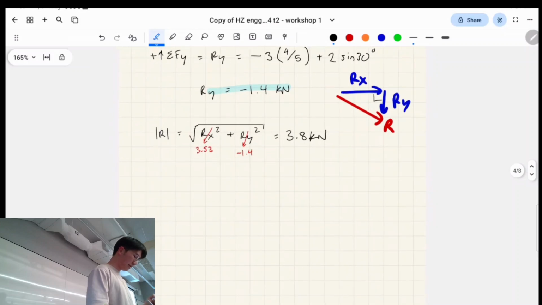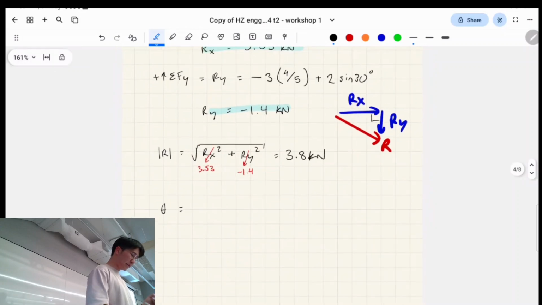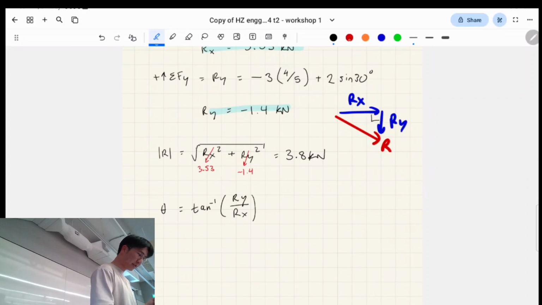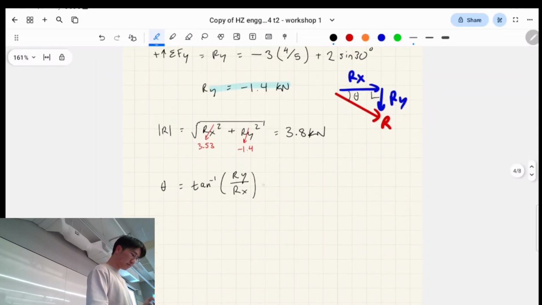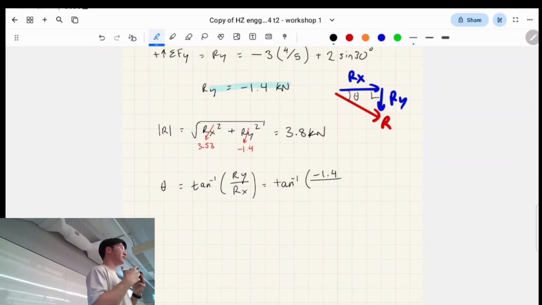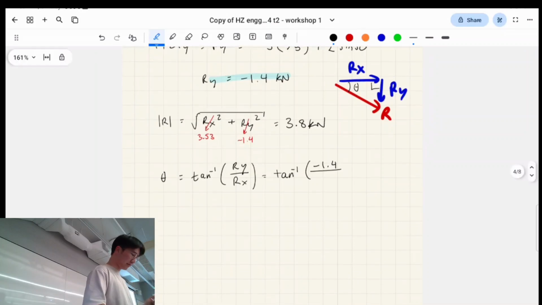Okay, great. Next, we're going to do the angle. And the angle formula, if you remember, was the tan inverse of rise over run. Since we're dealing with this butterfly angle, it's going to be the normal way around, Ry on Rx. That'll give us tan inverse of negative 1.4 over 3.53. Here's where whether it's positive or negative will matter, so make sure that's a negative there.